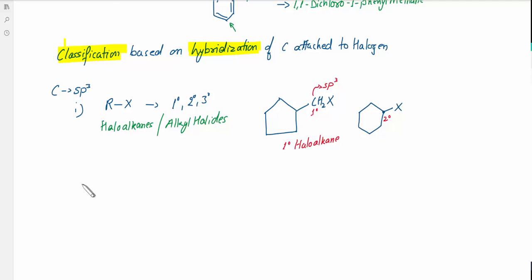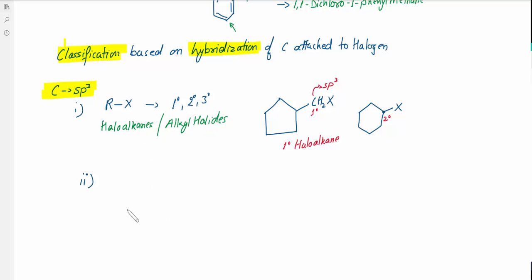Okay, next move to the next category in the sp3. So our main category is still where carbon is sp3, but we are seeing different variants of compounds where we will have sp3 carbon, but different variations of that which we have seen here.